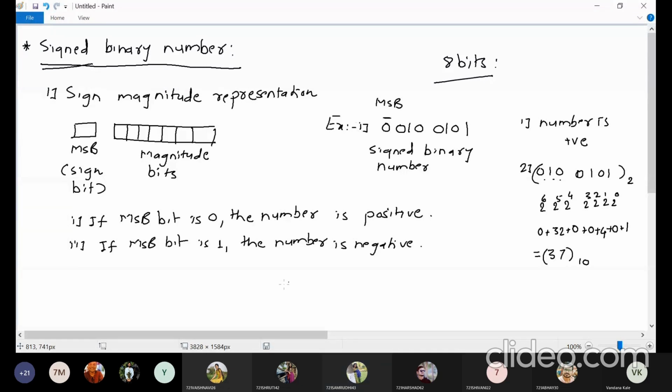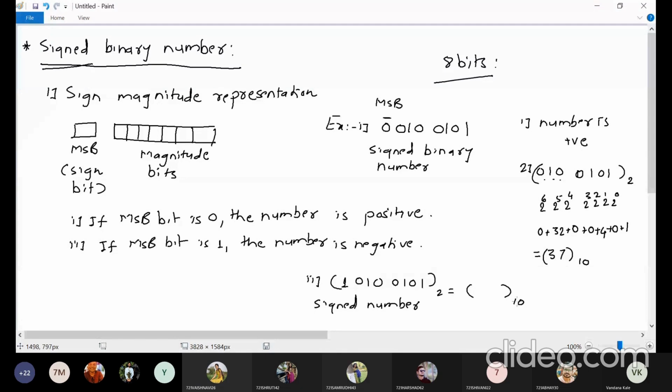Now, for the same number, we take the MSB as 1, then 0 1 0 0 1 0 1. Again, it is a signed number. If we want to calculate its decimal equivalent, what will it be? Yes, it will be minus 37.